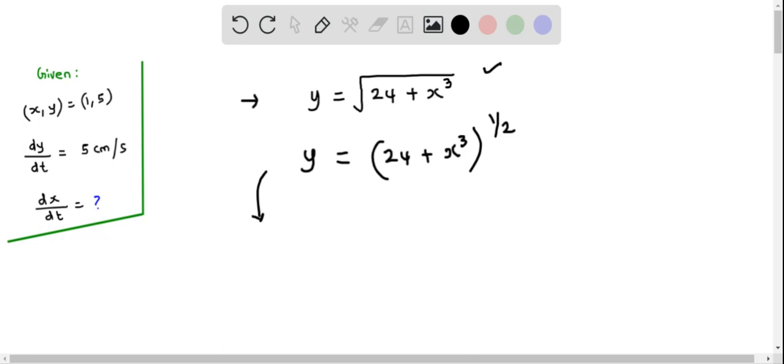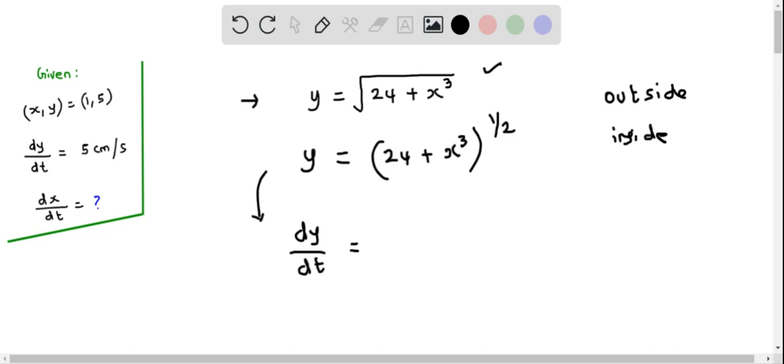So the derivative of y with respect to time is dy/dt. And here, to find the derivative of the right side expression, we have to apply the chain rule. When we apply the chain rule, we have to consider the outside function as well as the inside function. We can see that the outside function is a square root function.